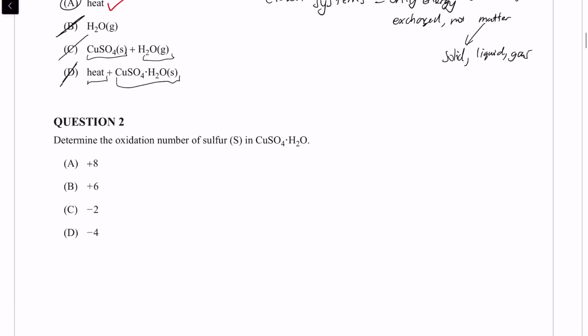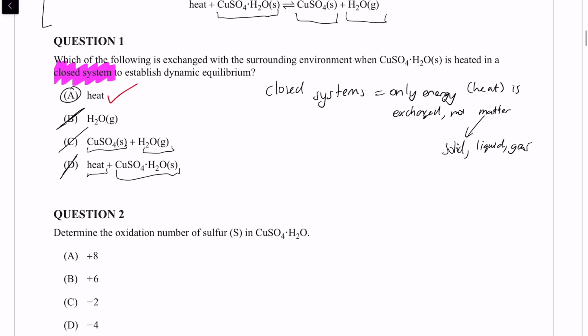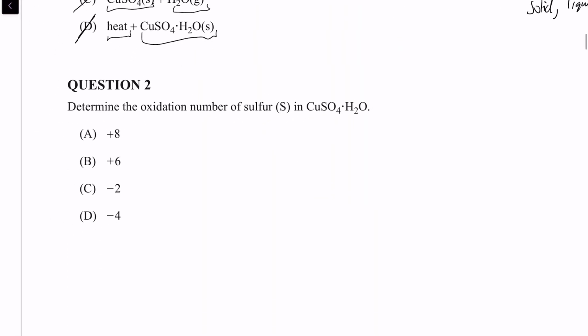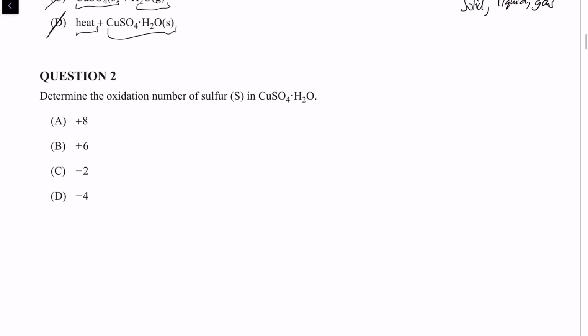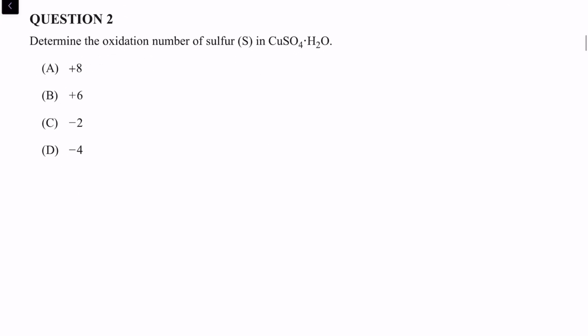Question 2. Determine the oxidation number of sulfur in CuSO4·H2O. Okay, so oxidation numbers are the numbers we put in the top right hand corner as like a power for the element. So we know a couple of key assumptions.